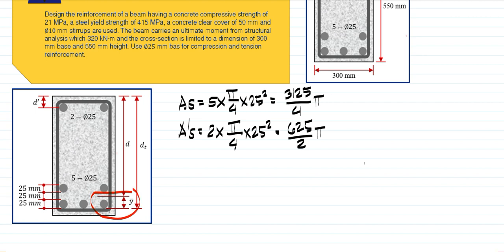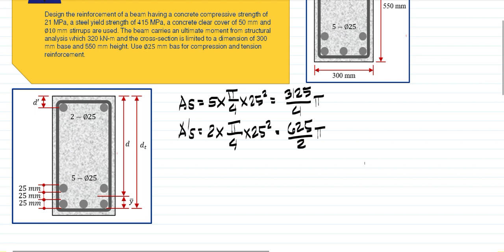Kasi nga, yung reinforcement natin is in 2 layers and unequal yung number of bars for the first layer and the second layer. So, we need a centroid of the reinforcement coming from its bottom or extreme bottom reinforcement or pinakababa nung first layer reinforcement.